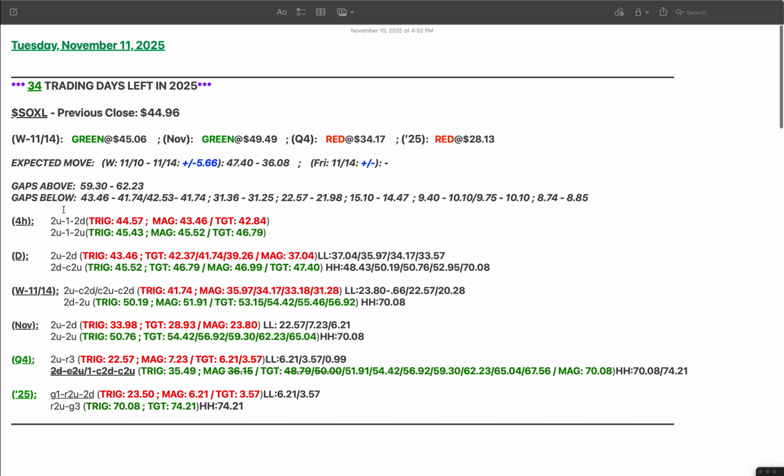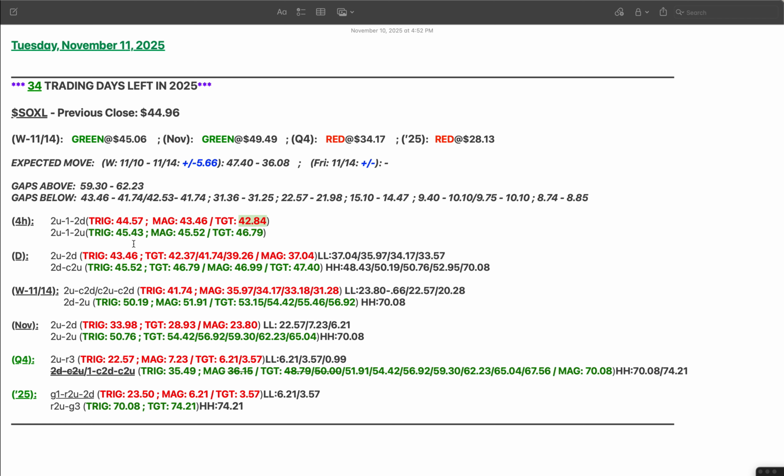But from a 4-hour timeframe perspective, if we go to the downside, we get a 2-1-2 down, triggering at 44.57 with a magnitude of 43.46. If we keep pushing, we've got an extended target of 42.84, and if we get past that, we start getting into the day chart triggers and targets. So we end with that extended target of 42.04 to the downside on the 4-hour chart.